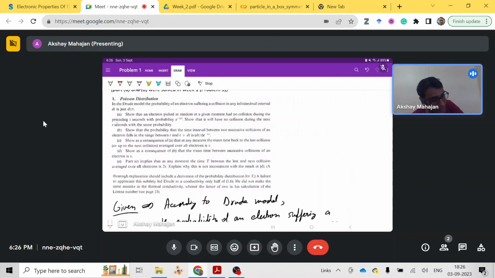Explain why this is not inconsistent with the result of part D. Your explanation should include a derivation of the probability distribution function for this time T, which is the time between the last and the next collision at any moment. A failure to appreciate this subtlety led Drude to a conductivity off by a factor of two. You can check this out from the Ashcroft-Mermin book.